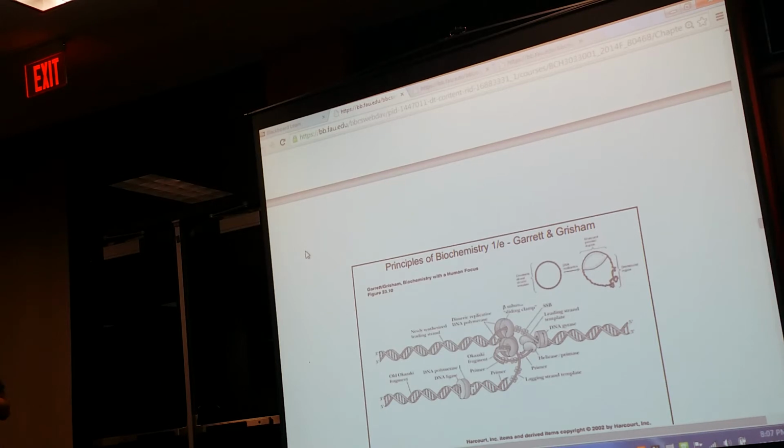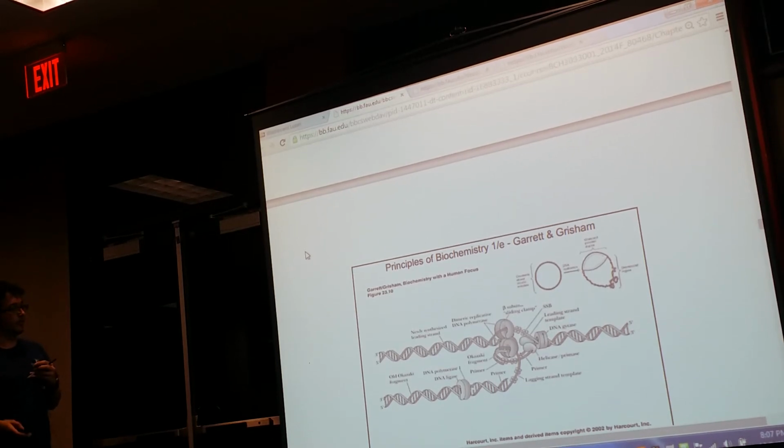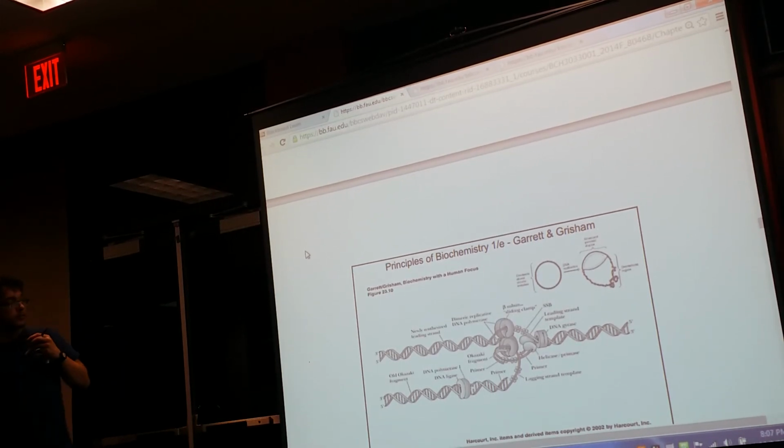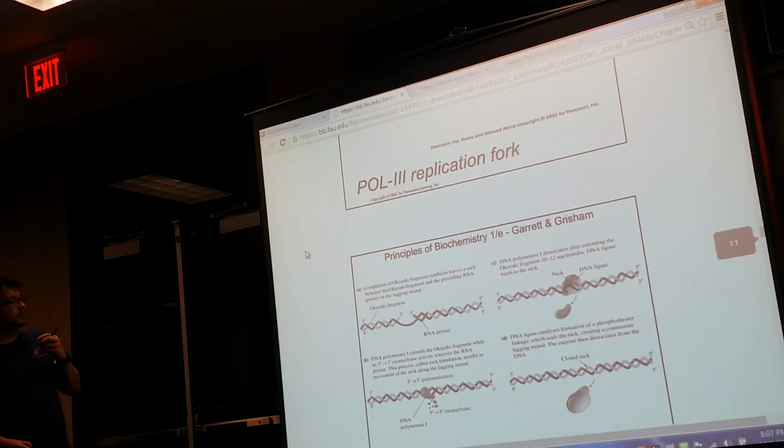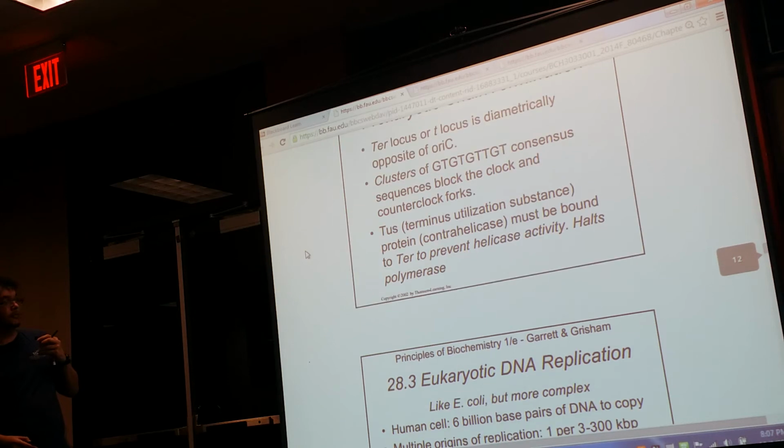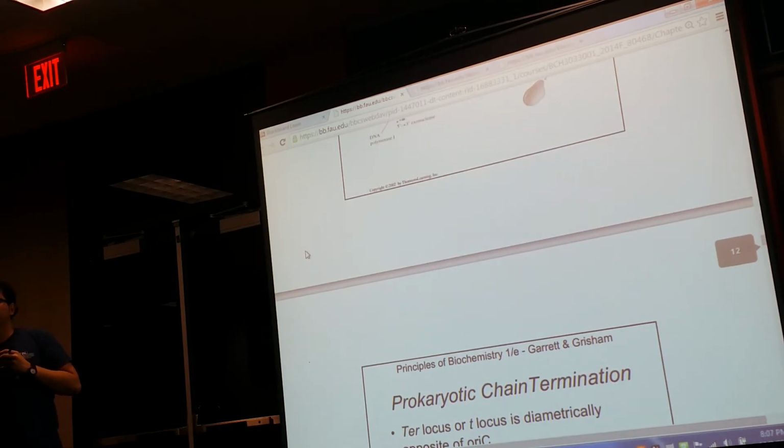Let's see, gyrase, okay, so that's, I believe, everything. Need to know any differences between the topoisomerase and the gyrase, because gyrase is a topoisomerase. Yeah, gyrase is a special type of topoisomerase.